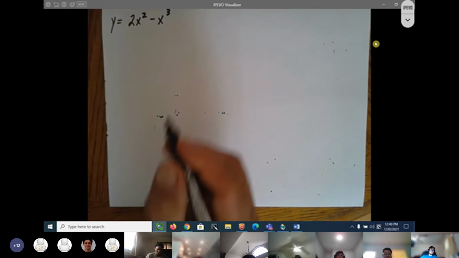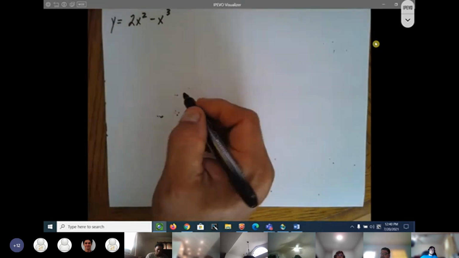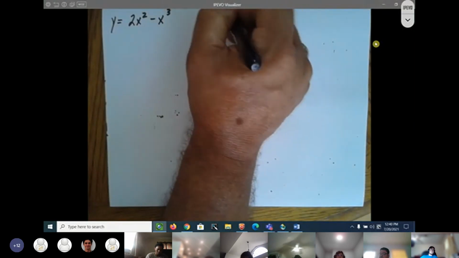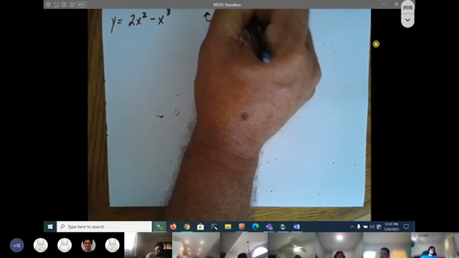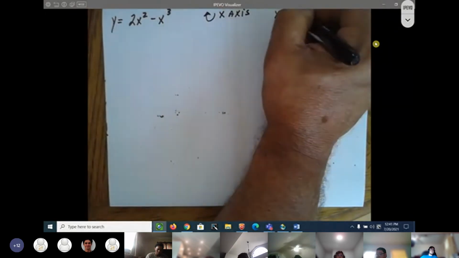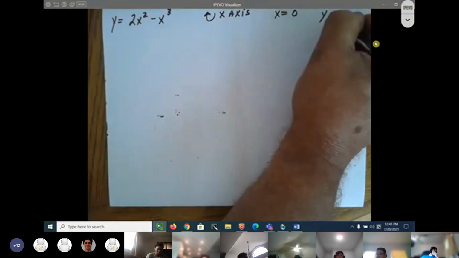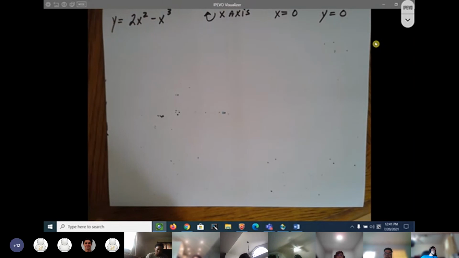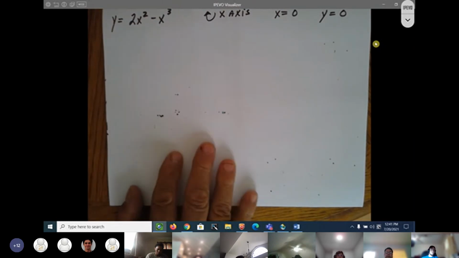Yeah, you're going to revolve this one around the x-axis. And x is equal to 0 and y is equal to 0. And you'll see what it looks like when you get done. Let's go ahead and draw that up.